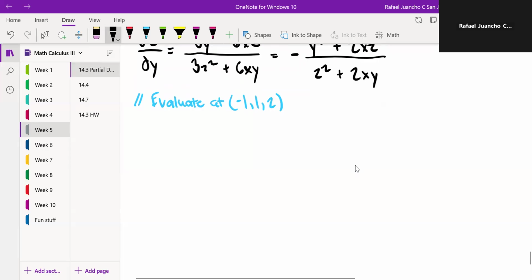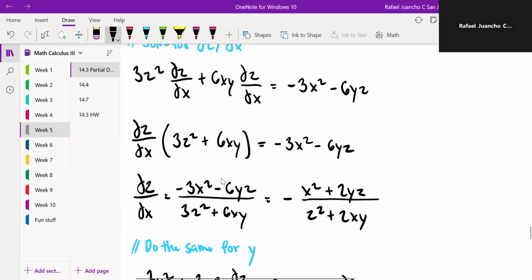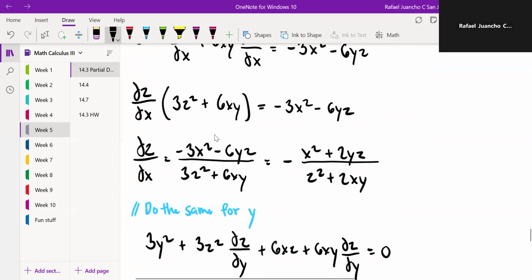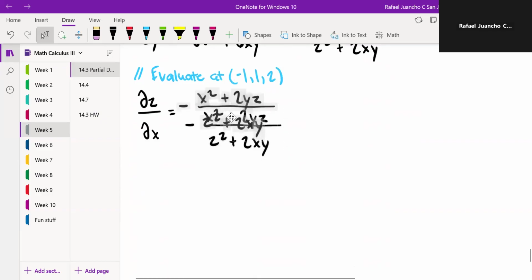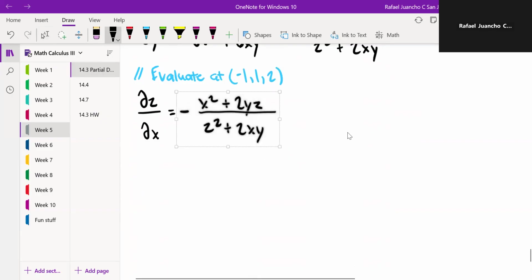Okay, let's start maybe with the first one, the one with respect to x. I'm just going to put my formula here. Then I plug in what I know. I know my x is negative 1, my z is 2, and my y is 1.